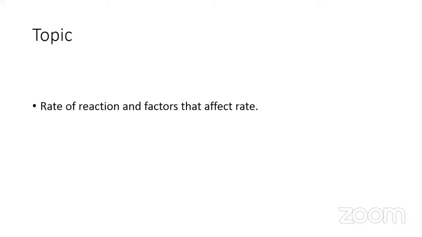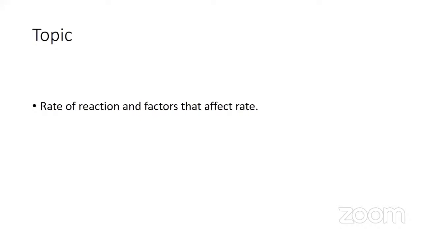Essentially, the topic I discussed last week is on the screen: rate of reaction and factors that affect the rate. I told you that the rate of the reaction and the way the reaction occurs all belong to chemical kinetics. What does chemical kinetics do?